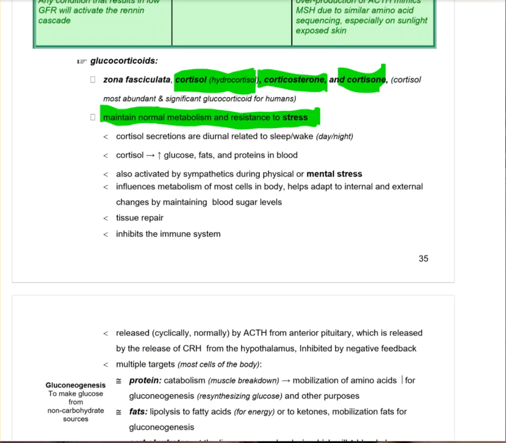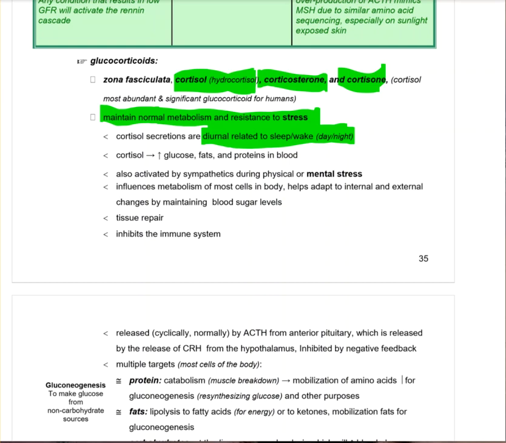So the normal metabolism thing, cortisol secretions are diurnal, and they're related to sleep-wake, all right? So they start to go up in the morning and they go down at night. In the morning, you're waking up, you can think of waking up as a stressful situation, right? Your body was in a parasympathetic state, and now you're forcing it to go into a sympathetic state.